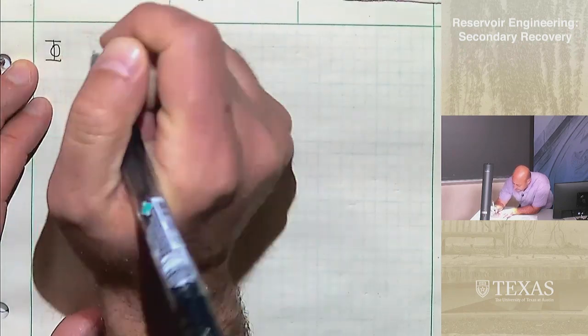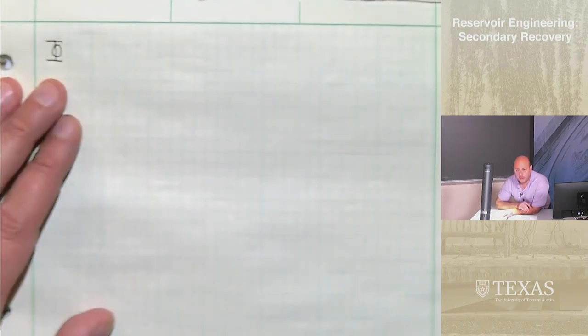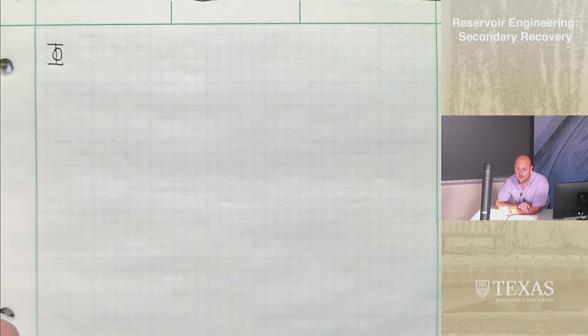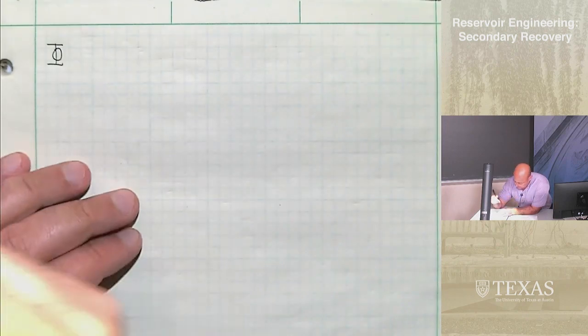So what my mathematical solution looks like, this is for a single well, a single real well, but near some sort of barrier.